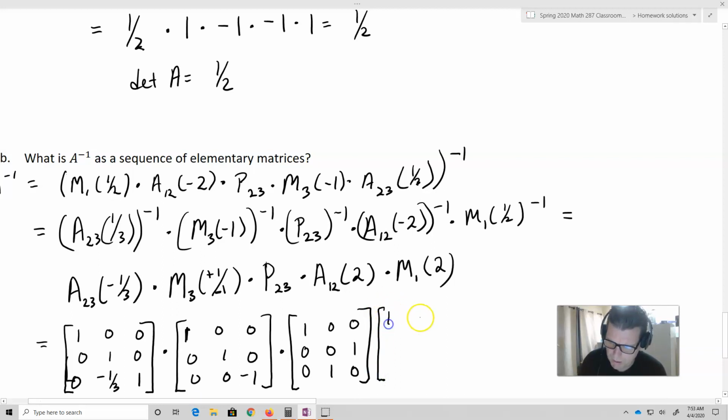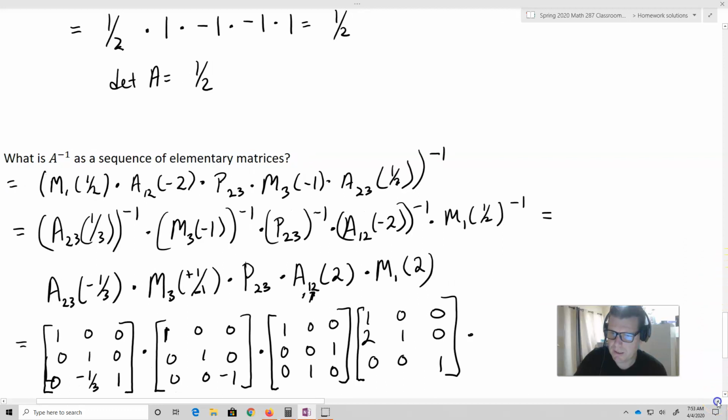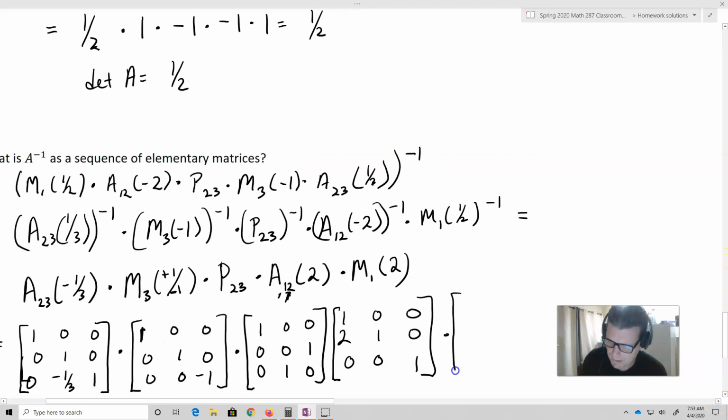A122 is going to be [1, 0, 0; 2, 1, 0; 0, 0, 1] because we're going to change the second row, first column to become a 2, times, last phrase, wait for it, actually it's going to be [2, 0, 0; 0, 1, 0; 0, 0, 1] because we're multiplying the first row.